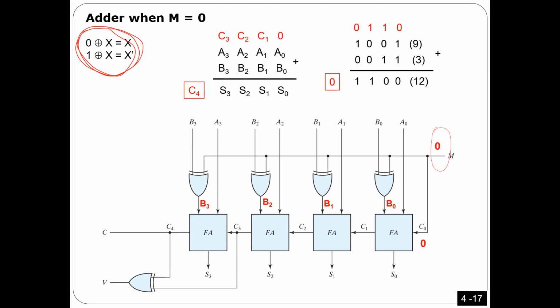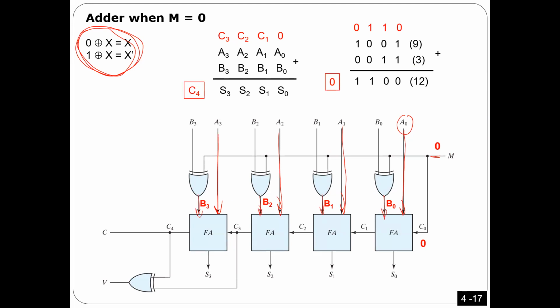So look what's going to happen here. See how I made this circuit. A is connected directly to all the 4 others. If you look at B, I'm not going to connect B directly. I'm going to connect the output of XOR, as you see here.